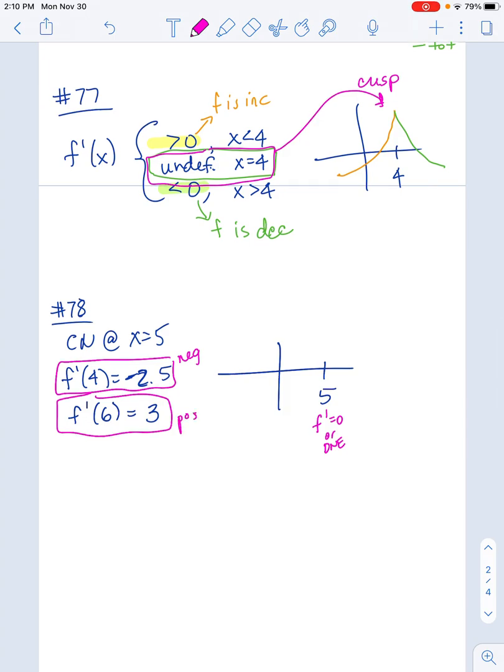So if it goes negative to positive, that means the function's decreasing to increasing. So I think what they want in number 78 is just to say that there is a relative minimum at x equals 5. I don't think we can say what particular value it has, but we can say it has a relative minimum because f prime goes from negative to positive at that point. So I think that's what this capstone problem is after.